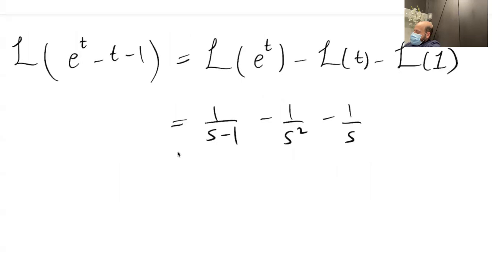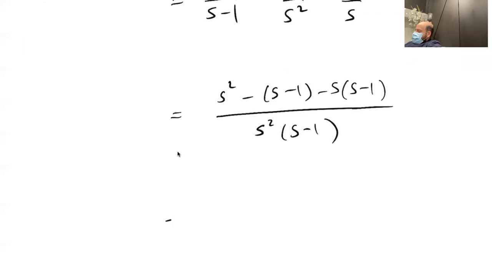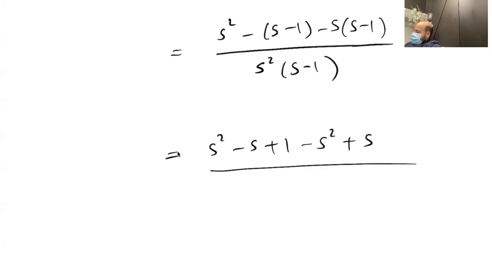Now let's simplify this. Let's take common denominator. What is the common denominator? Common denominator is s squared times s minus 1. Then here I'll have s squared minus s minus 1 minus s times s minus 1. Now, if I simplify this, it will be s squared minus s plus 1 minus s squared plus s divided by s squared times s minus 1.